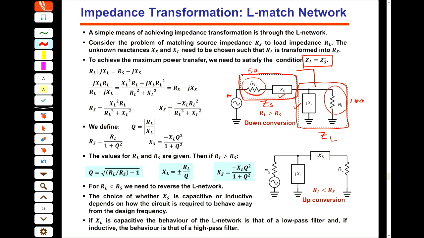All the power is going to this one, because this is reactive, it does not consume. Okay? So if I write down the impedance of ZL, this is the impedance of ZL: RL in parallel with XL. And then the impedance of this is RS plus jXS, and the conjugate of that is RS minus jXS. Okay? So these two should be equal.